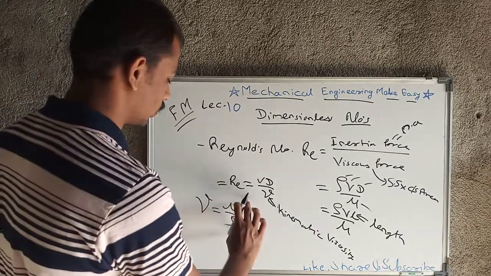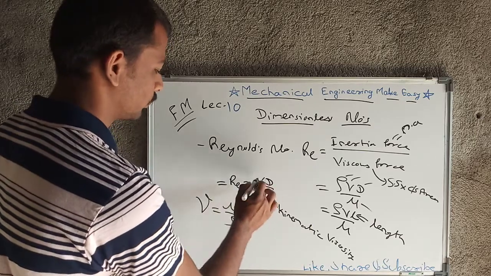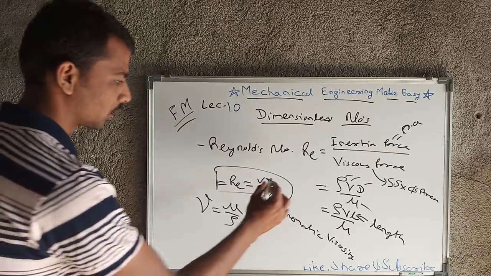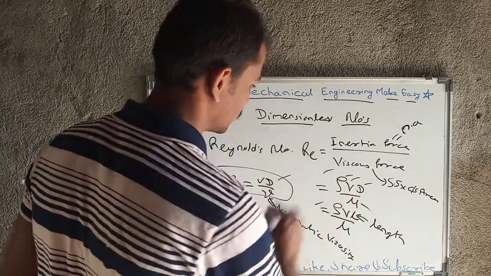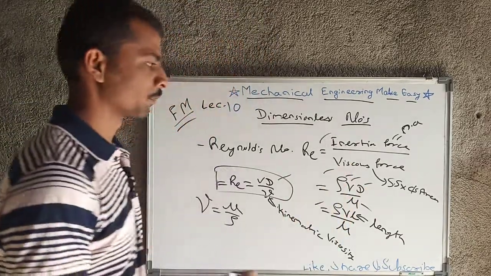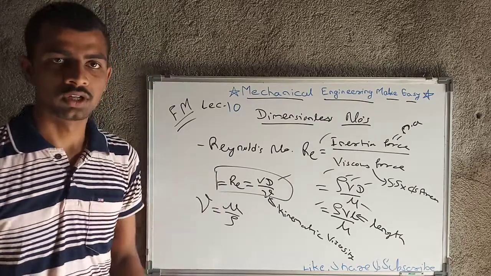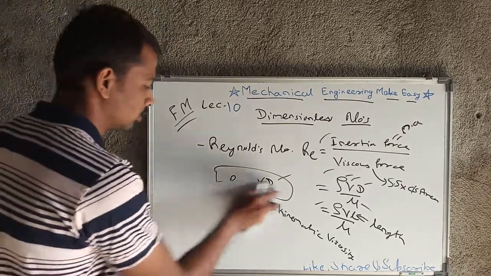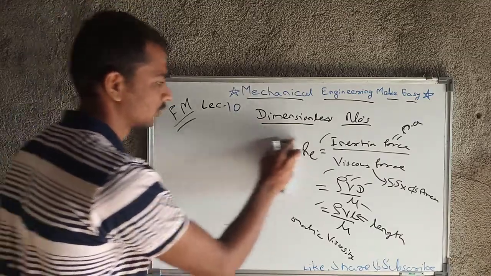So only replace mu by rho with nu, so v d by nu. This is the equation of Reynolds number. So note down this equation also, this equation also, and this equation also. All the equations are important, you cannot miss any. So I will move towards the next number.